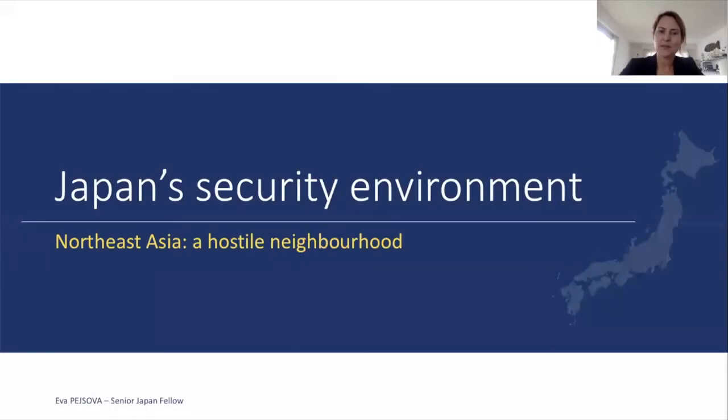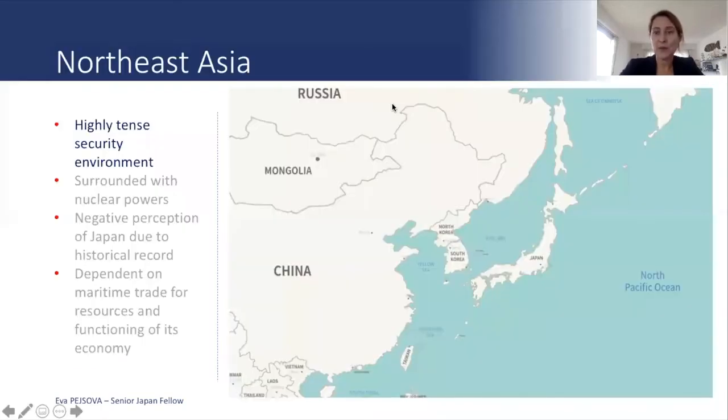Keeping in mind Japan's constitutional limitations, let's have a look at the security environment and challenges it needs to deal with on an everyday basis. We can safely say that one of the greatest problems of Japan is that it's located in an extremely tense, volatile, and complex security environment of Northeast Asia.